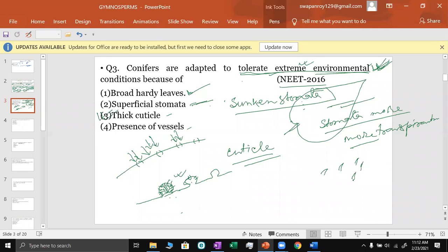Small leaves mean less exposed surface area, so the number of stomata will be less, and that will be the reduction in the water loss. Presence of vessel, of course, has no link much with the rate of transpiration. Come to next question.